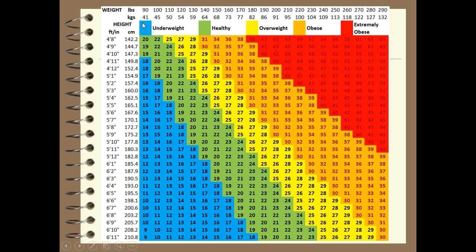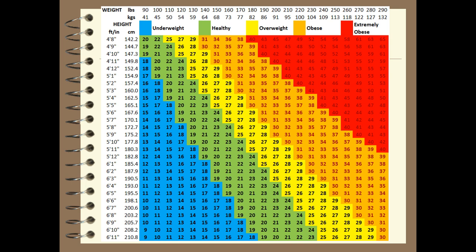Here's an example of a BMI chart, and if you look, you will see weight. You have it in pounds at the top here. And with different BMI charts, the weight and the height can be at different places. So you just need to look where it is, right? You have weight in pounds here, and you have the weight in kilograms.